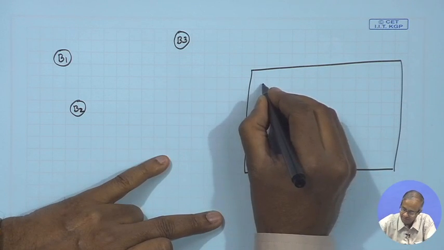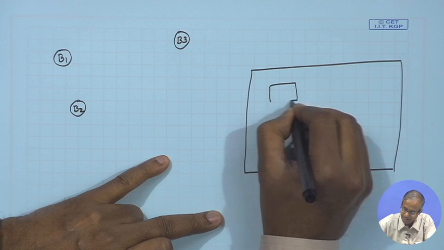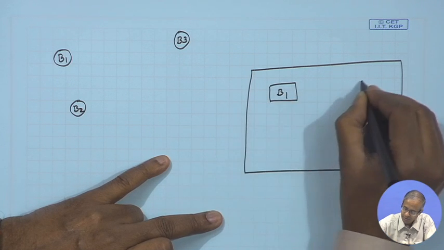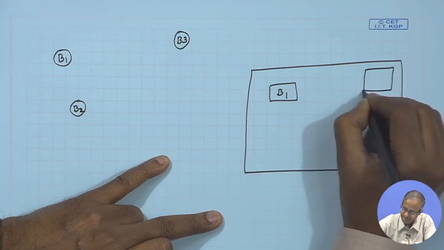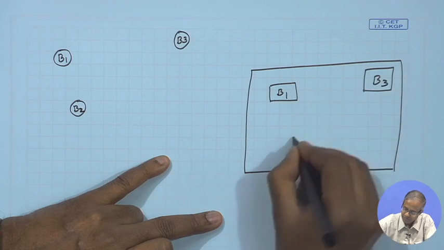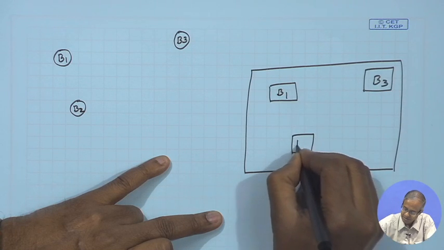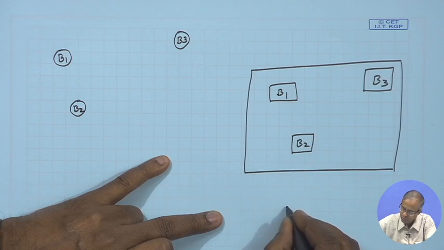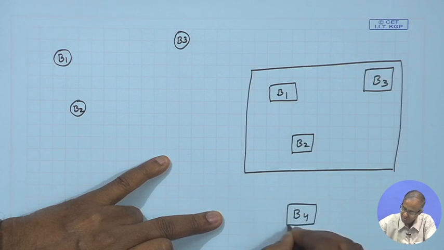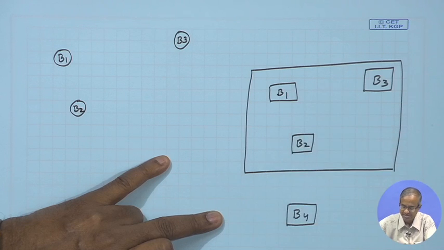Let us say a full custom design where we have placed B1 here, we have placed B3 here, we have placed B2 here. Now, what we are contemplating is a 4th block B4, we are trying to find out a good location to place it.